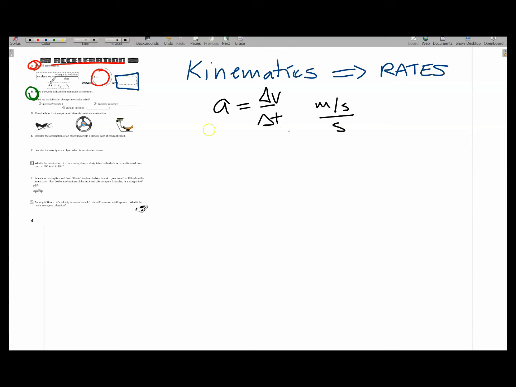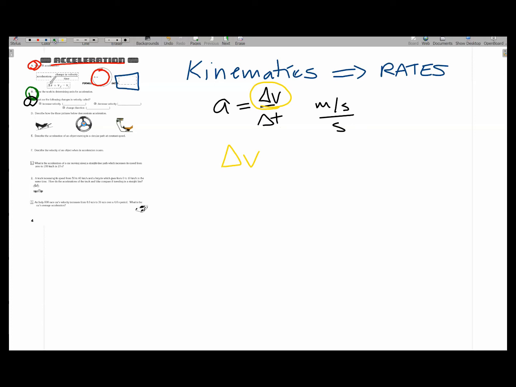All right, let's get back to our physics class at hand: acceleration, the rate at which you change velocity. Item C right here: what are the following changes in velocity called? So we're going to look more closely at this aspect. Now, I don't mean in detail like we just did, but looking at the concept of changing velocity.